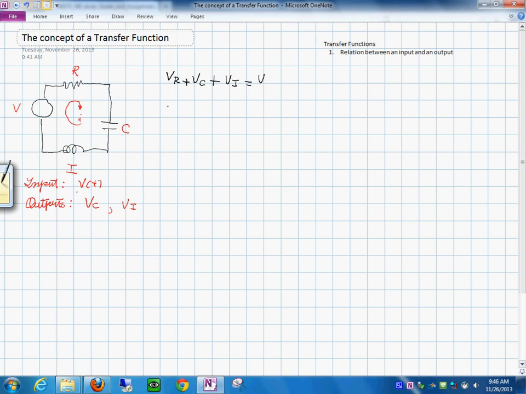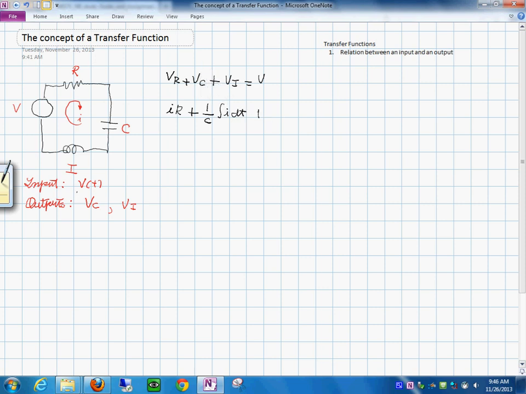So what is the voltage of the capacitor? Isn't it true that voltage of the resistor in this case would be I times R, right? What about the voltage of the capacitor? Is 1 over C times the integral of I dt, right? That's what this is.